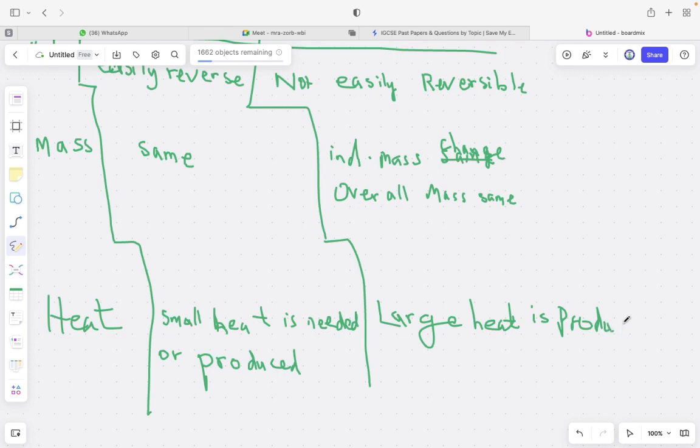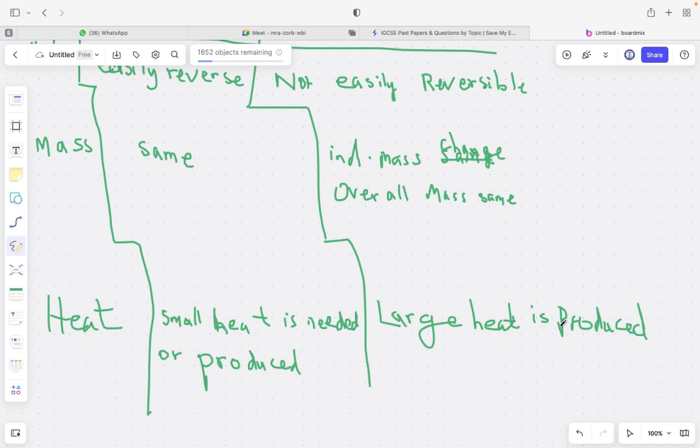A large amount of heat is produced because, for example, when you are burning a matchstick, burning produces a lot of heat. Or when burning bush, you are producing a lot of heat. If you are cooking in your kitchen with your gas cooker, if you go near it, everywhere is hot, producing a very large amount of heat.